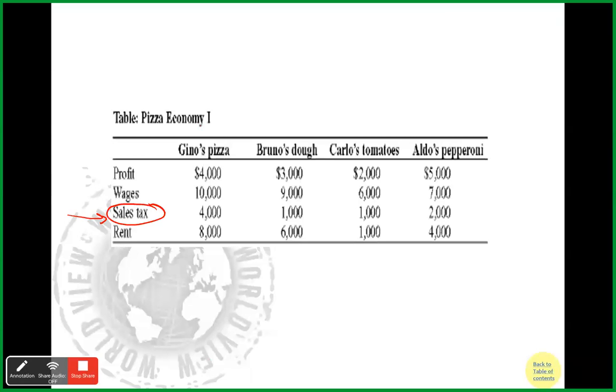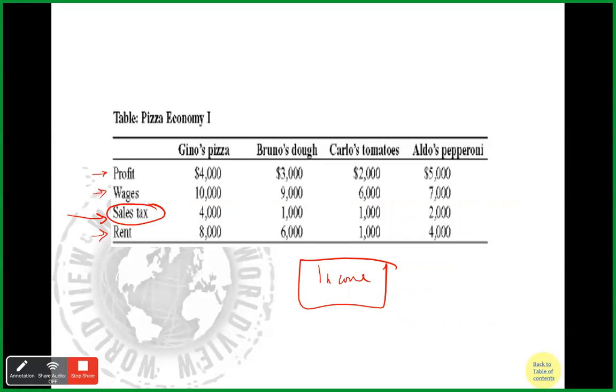But the main thing is, from here, what you can get is by looking at income. You look at profit, wage, and rent.